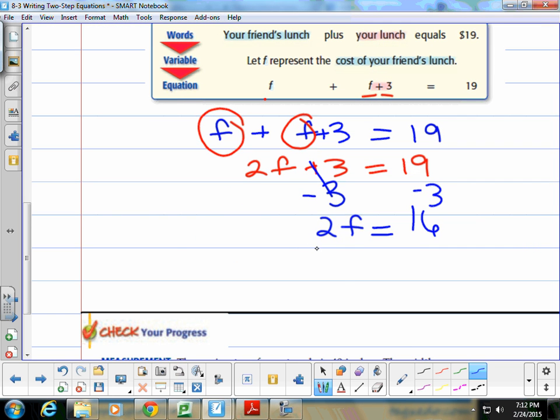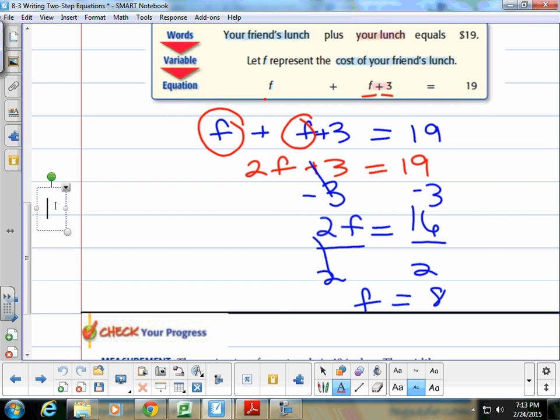And so to divide that by 2, to find out just your friend's lunch alone, 2 divided by 2 is 1. So I have 1F is equal to 8. So what that means then, situationally, is that your friend's lunch was $8.